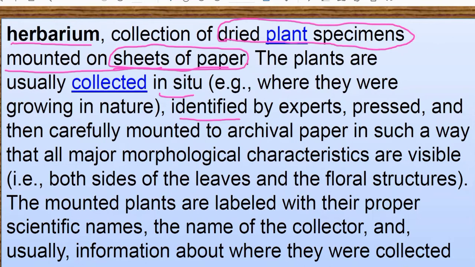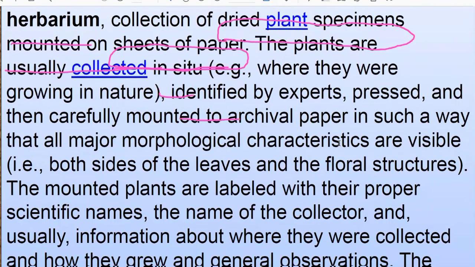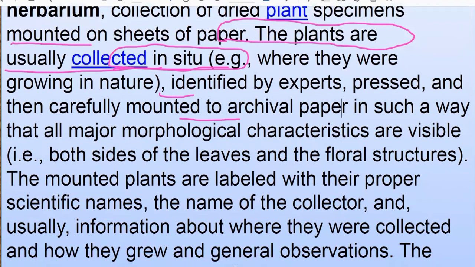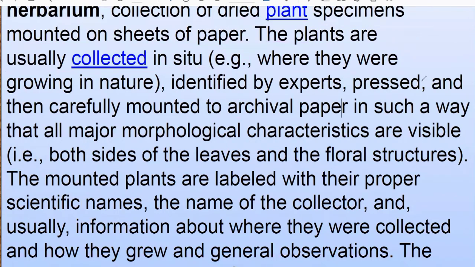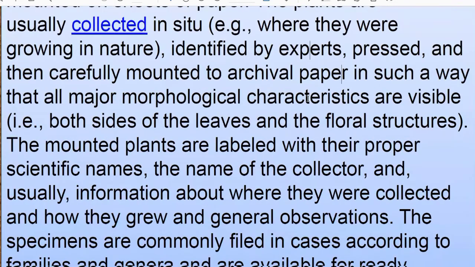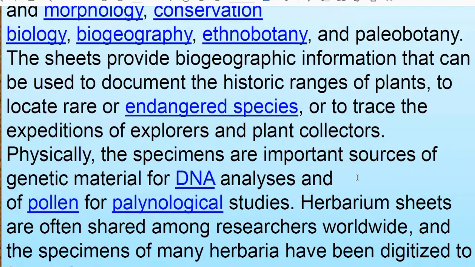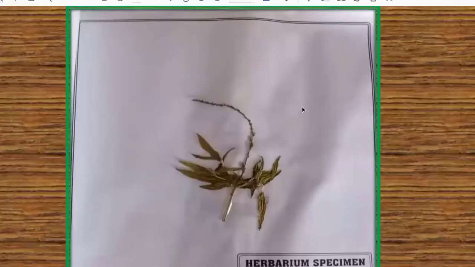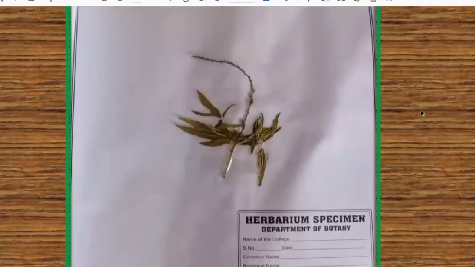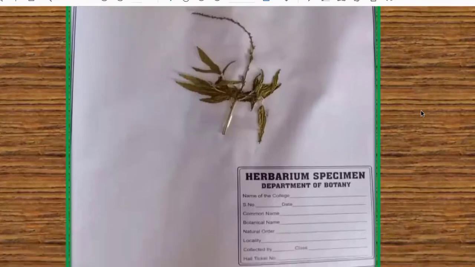So when you see this, this is the herbarium sheet, and here we kept a plant after drying, and we are attaching it with the help of plaster.